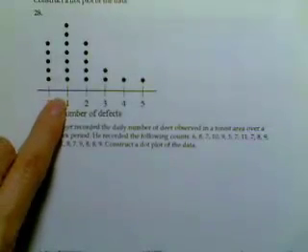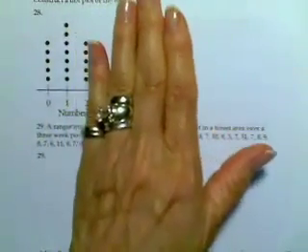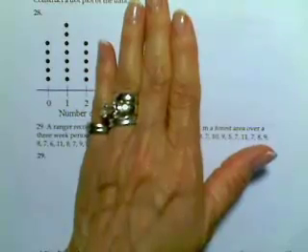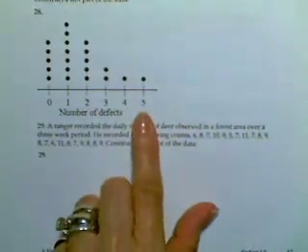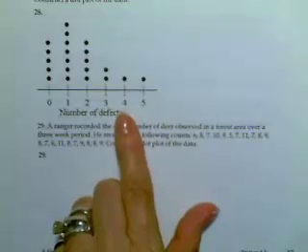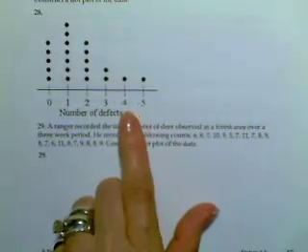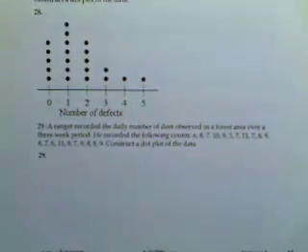Or 1. So it looks like most of them occur on the 0, 1, and 2. I definitely would not want to buy the camera that had 4 and 5.